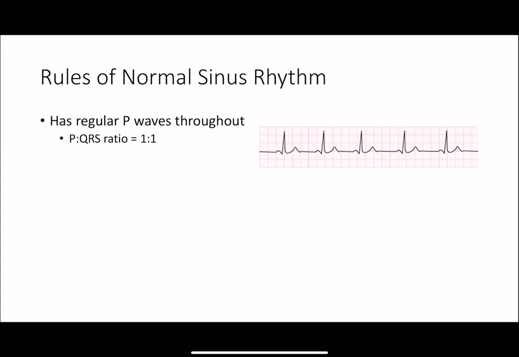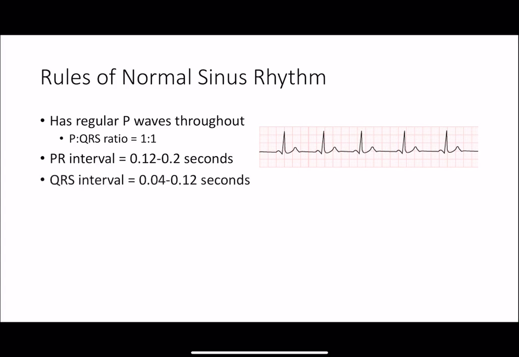You have regular P waves throughout the strip, and every P wave has a QRS. There's a 1-to-1. The PR interval is between 0.12 and 0.2 seconds, a normal time for atrial spread through the AV node. The QRS interval is between 0.04 and 0.12. We have a normal ventricular response. The rhythm is regular: the same number of boxes between beats.